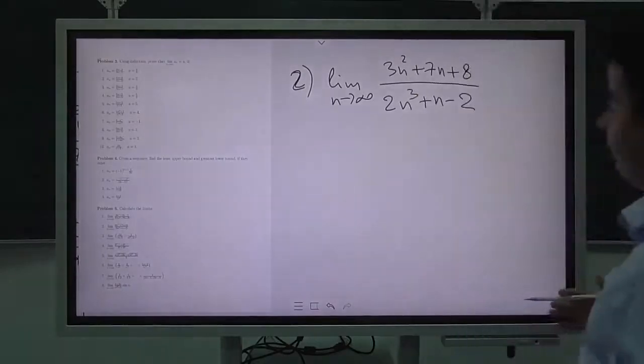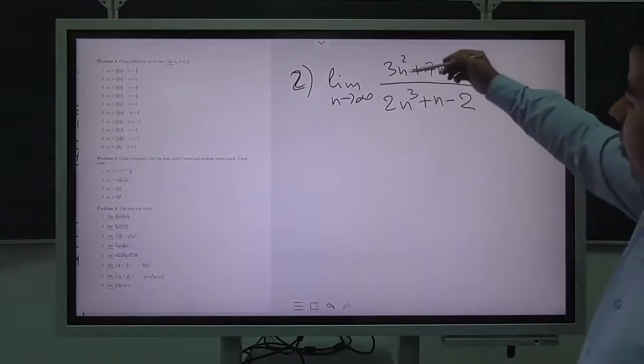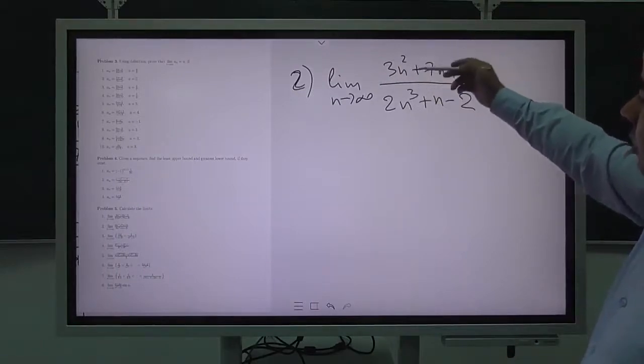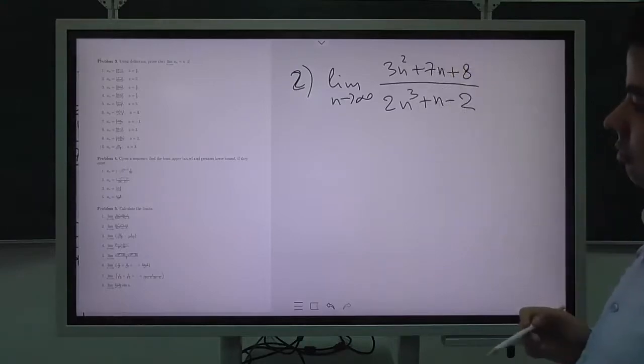So what we have here, the greatest powers are different in numerator and in denominator. Here n squared, here n cubed.